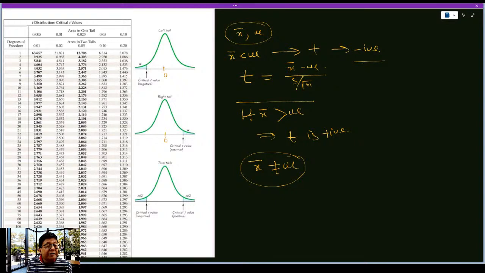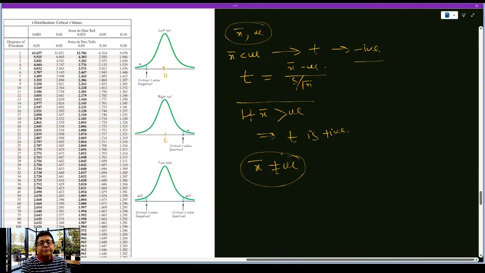It will lie on both sides. You need to check that. For that, we need to use a both-sided t test. Now, what will this value give you? This t will give you the critical value of t. Okay?